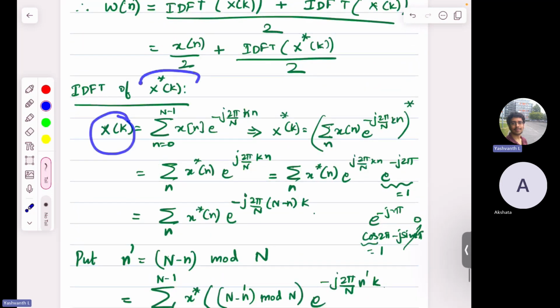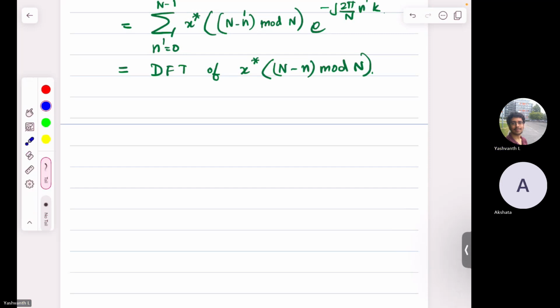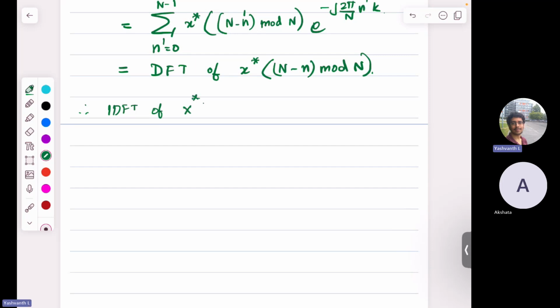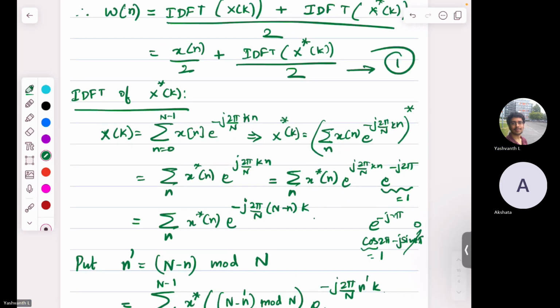Therefore, what is the IDFT of X conjugate of k? The IDFT of X conjugate of k is equal to x conjugate of (N minus n) mod N. That's all. This is equation 2. Call the earlier one equation 1.